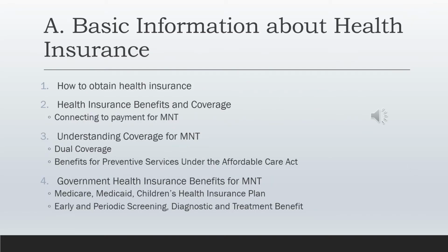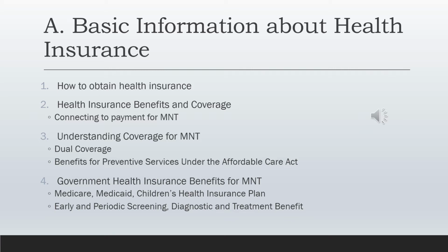When talking about basic information of health insurance, we're really talking about how do people obtain health insurance and where they get it from. What are the differences between benefits and coverage, and what does that really mean, and how does it connect to payments for MNT? Understanding coverage for MNT, and we'll talk about dual coverage and benefits for preventive services under the Affordable Care Act.